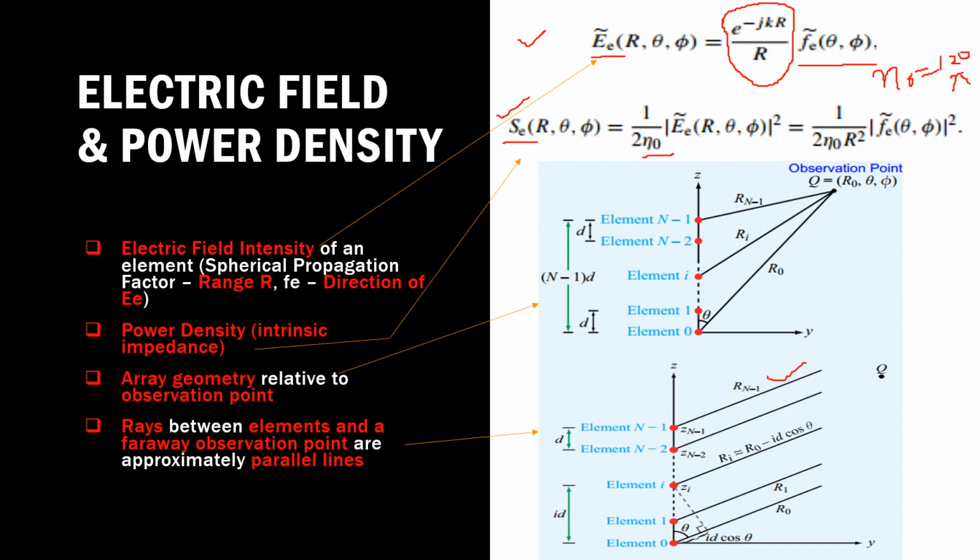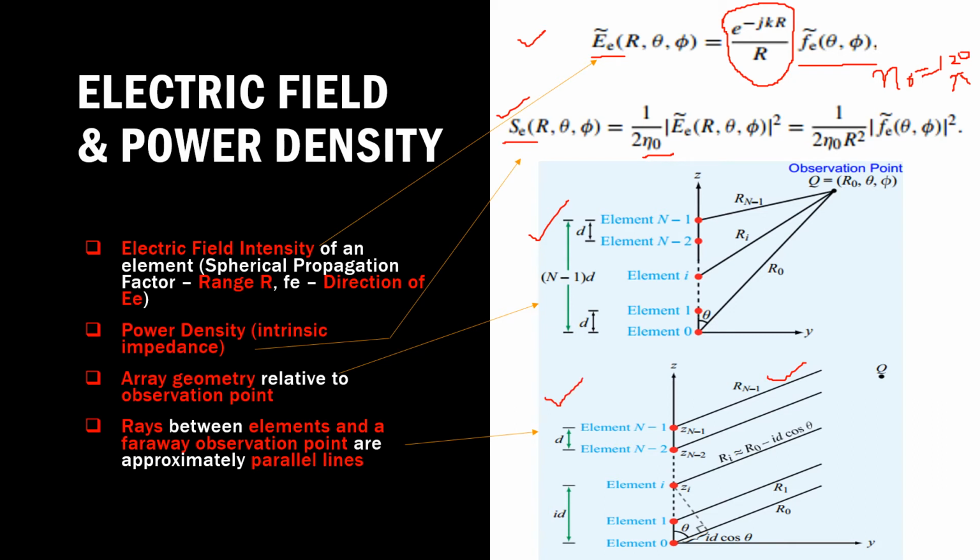Okay, and the geometry relative to the observation point is shown here, and the rays between the elements and a far away observation point are approximately parallel, as shown here.